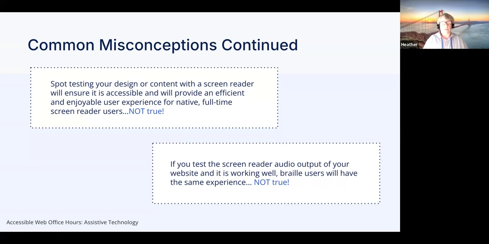Although we absolutely encourage you to do spot checking with a variety of types of assistive technology during your accessibility journey, there is no way that someone using a screen reader to spot check will be able to have an experience that's on par with that of a native full-time screen reader user. And in fact, we suggest that really the only way to ensure that those users are having a great, efficient user experience is to conduct user testing with native assistive technology users.